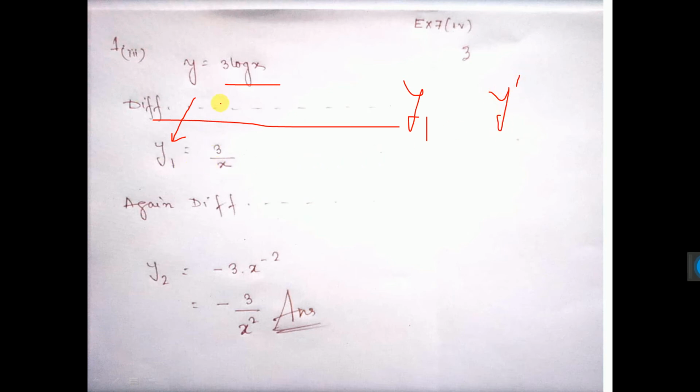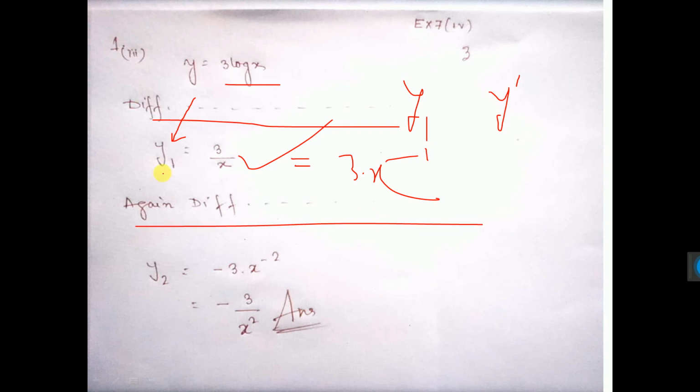So 3 into log x differentiation, 1 by x. Now actually this can be written as 3 into x to the power minus 1. Again differentiating both sides, y1 will be y2.